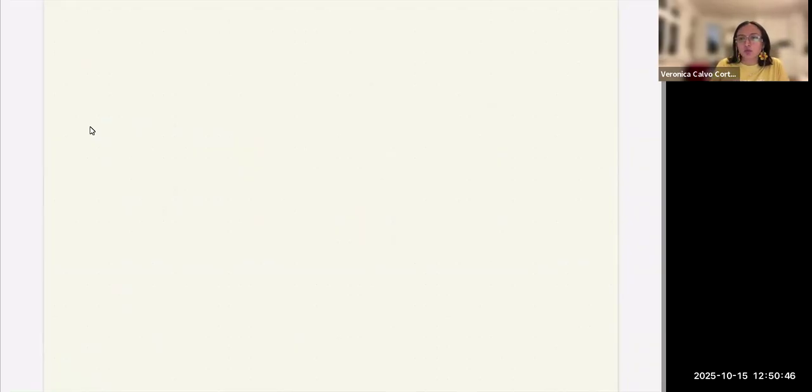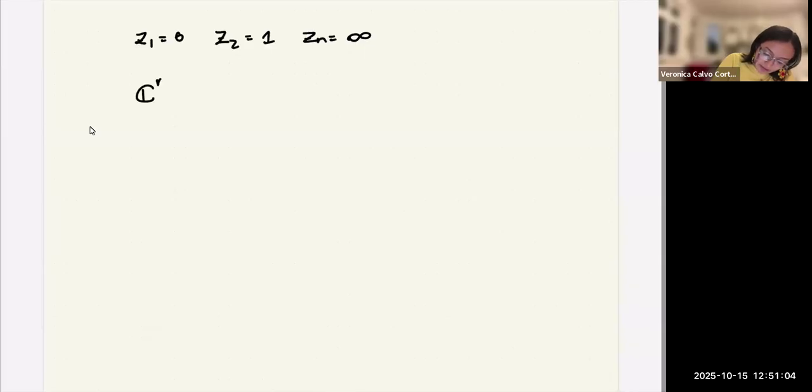For this, the easiest way to do it is to do a gauge fix. So we fix this to be 0, you fix this to be 1, and then you fix n to be infinity. And then your hyperplane arrangement will be given in C to the n minus 3, where I'm going to index the coordinates by Z3 all the way to Zn minus 1.